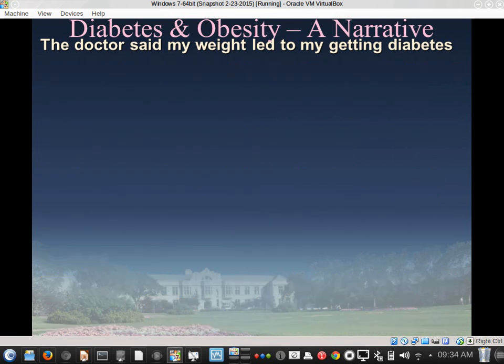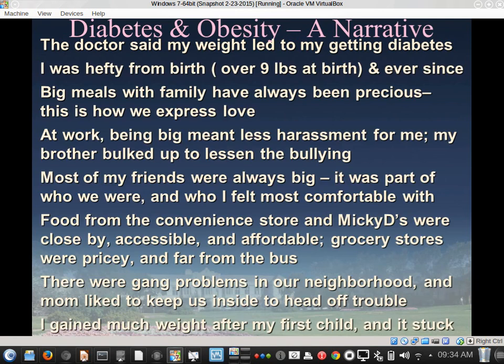And if you look at many of the areas where system science has been applied, for example, in the obesity area where we've done work, and particularly in the areas of diabetes, what you see in terms of the actual narratives that people have is that it's not biomedical. I mean, it may start with the doctor saying my weight led to me getting diabetes. But when you really look at what lies behind it, you see these layers of narrative, these layers of meaning associated with it.